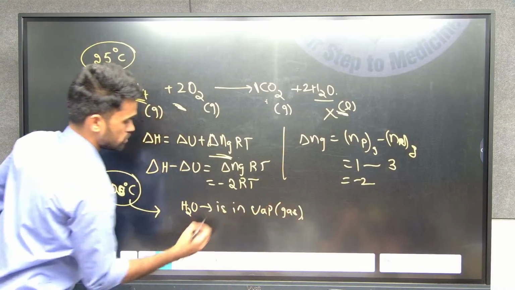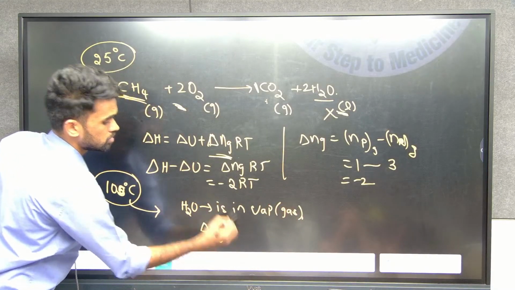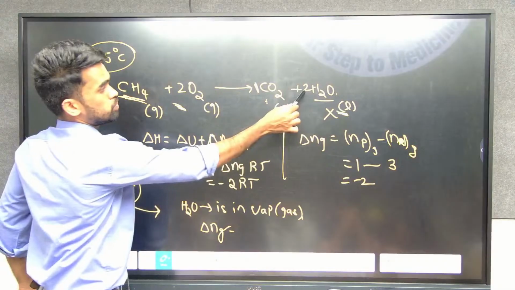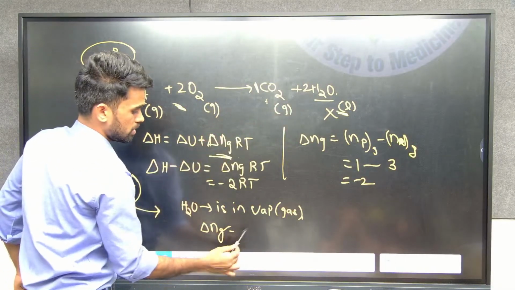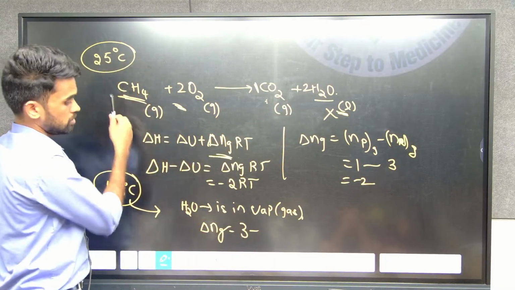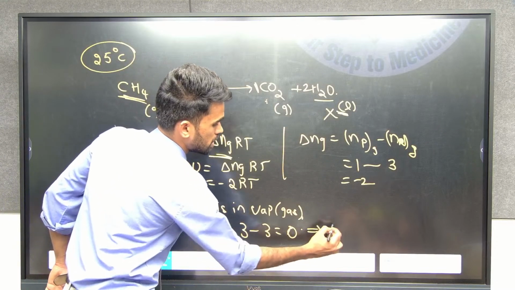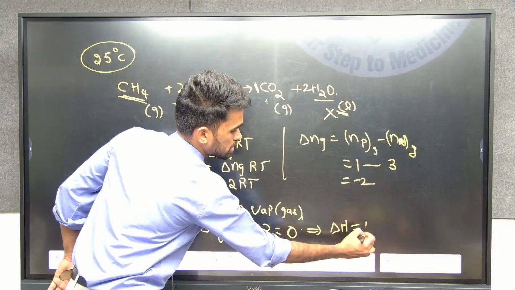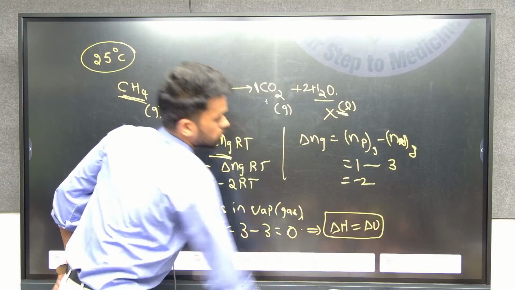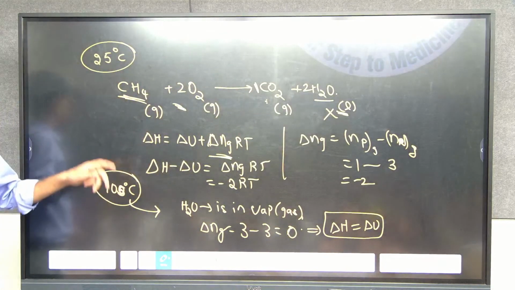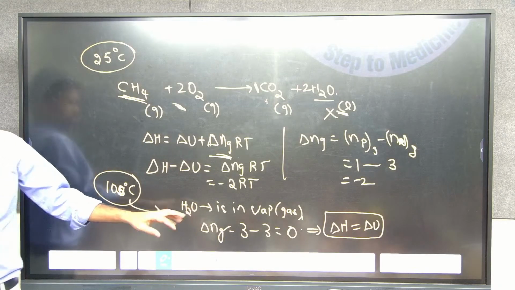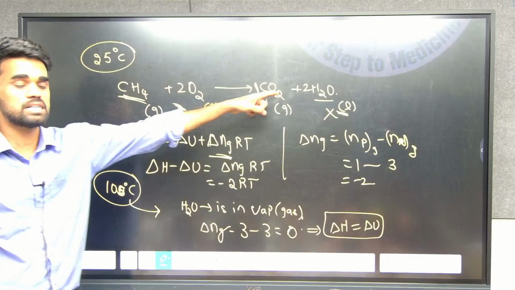So now tell me what is your delta Ng here? 2 plus 1, 3 minus 3. So this is 0. If this is 0, delta H becomes equal to delta U. You got the difference I am saying here? It changes. It means they depend on their physical states.